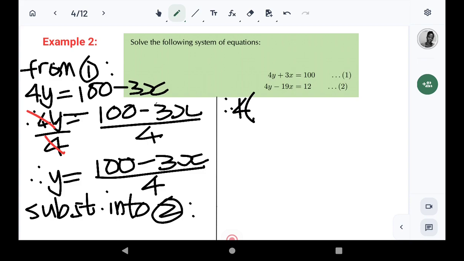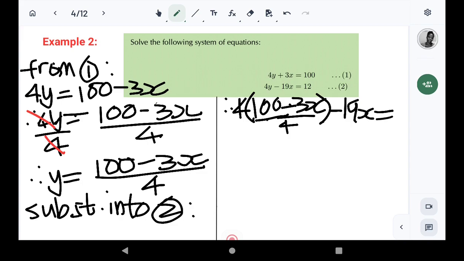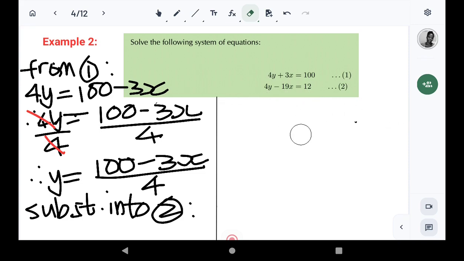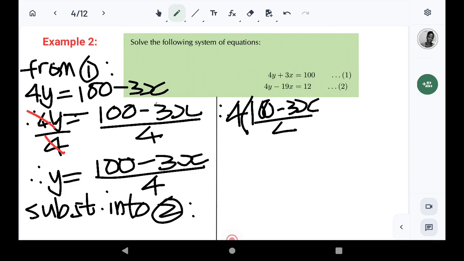So that is 4 in bracket 100 minus 3x over 4 minus 19x equals to 12.